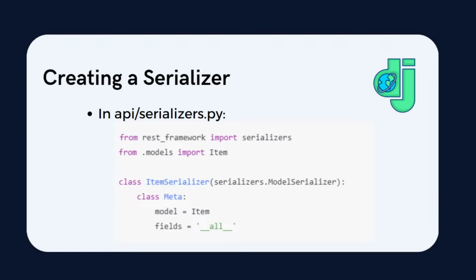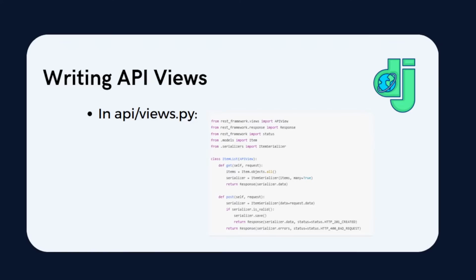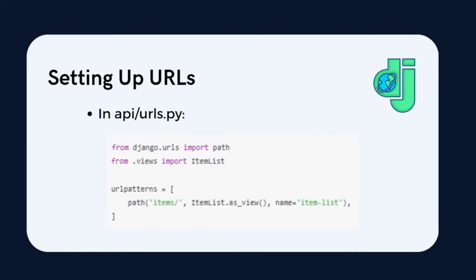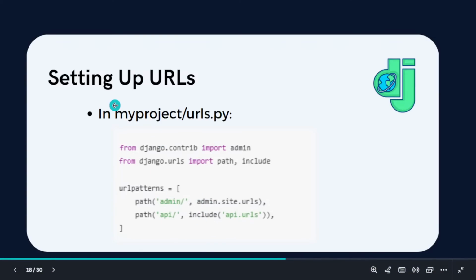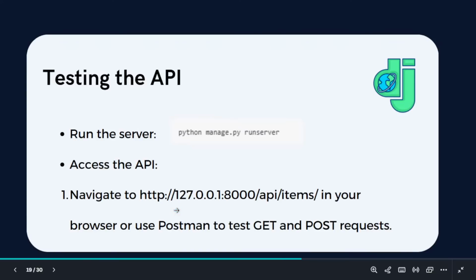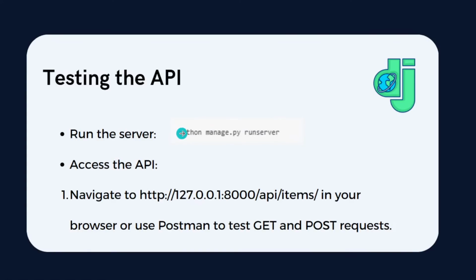We need to create a separate serializer file in Django, and after that we set up the APIView file. Then we need to mention these in the urls, and we also include them in our project URL. Finally we use python manage.py runserver. It will generate a link like this, and this link is used to see whether our REST framework is working correctly or not.